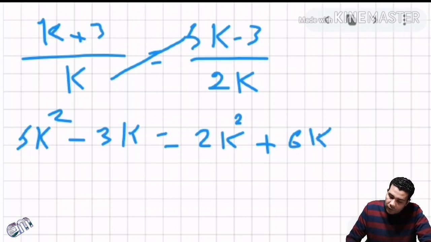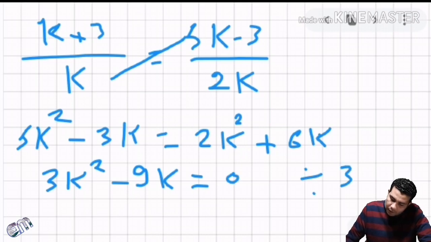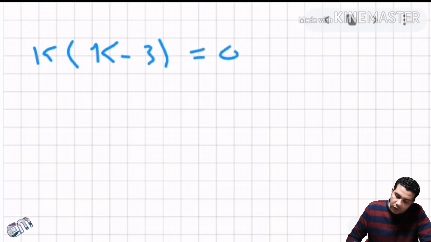ممكن نخلي الايكويشن كلها equal 0 عادي جدا. 5k minus 2k equal 3k power 2, negative 3k minus 6k will be 9k. كل ده equals 0. طيب تمام، نعمل ايه؟ حد يقول لي equals 0 عشان انا ممكن اعمل هنا divide 3. يبقى هتطلع الايكويشن k power 2 minus 3k equals 0. طيب ممكن ناخد هنا 3 ال k فاكتور سيف، يبقى k bracket k minus 3 equals 0.